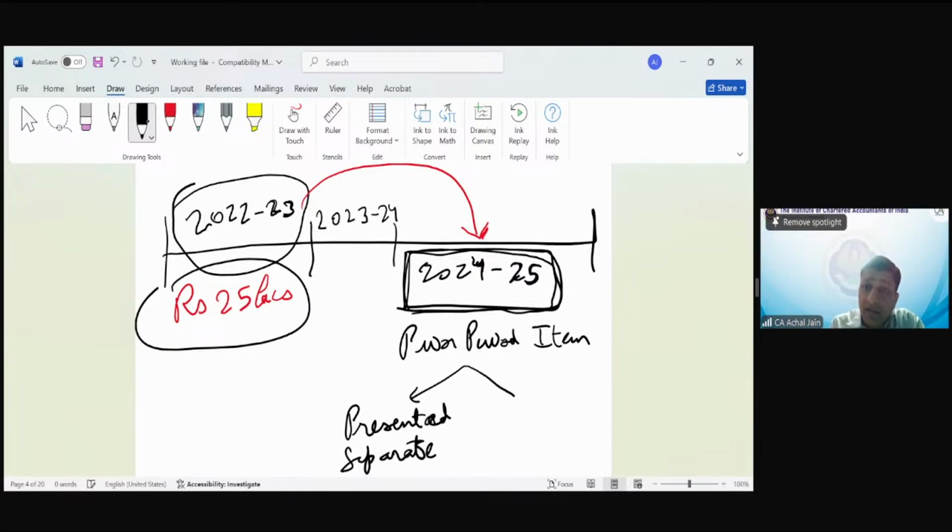And a disclosure will also be required in the notes to accounts. In the disclosure, you write an explanation: the nature of this error, why this error had taken place, the amount involved, and the impact of this correction that you have done in the current year, that is, how the P&L is impacted when you have adjusted this in the current year.